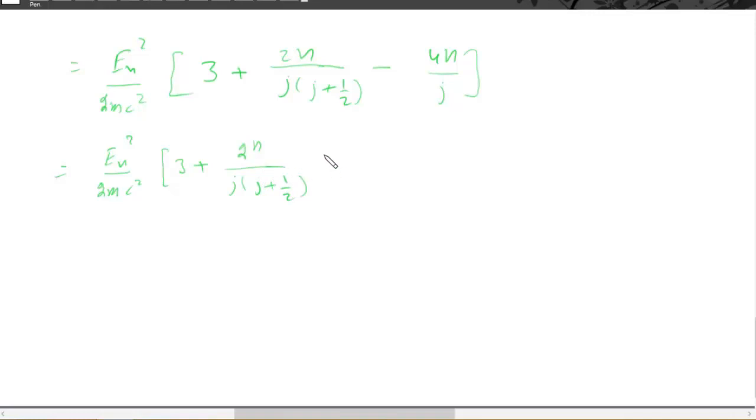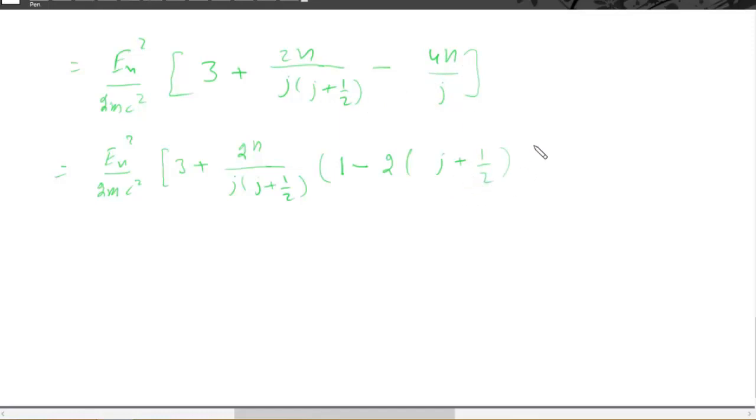Okay, then here is only 1 minus 2, we take 2n and here is 4n, and then as equal to j plus half. Here we multiply and divide by 4, j plus half, then the j plus half is common, and only here the j plus half remains.